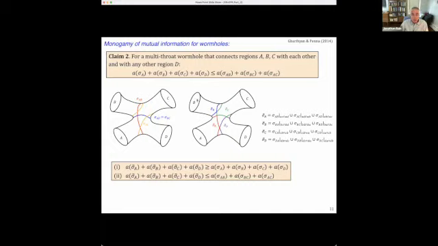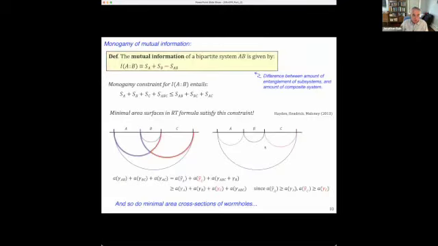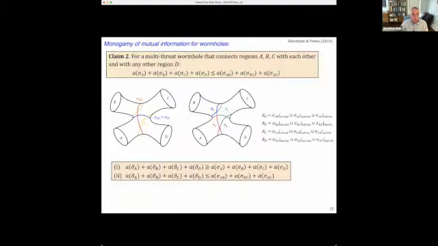And the proof, or at least the cartoon proof, follows the same methodology as the cartoon proof for the minimal area surfaces in the RT formula. We express the minimal area cross sections of the wormholes in this particular configuration on the left, and then we reconfigure them into non-minimal area cross sections in an appropriate way, and that ultimately establishes this inequality.